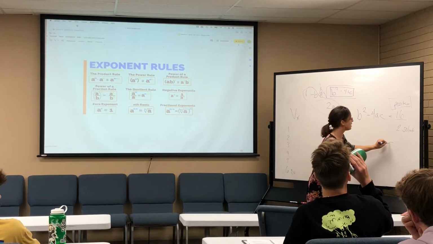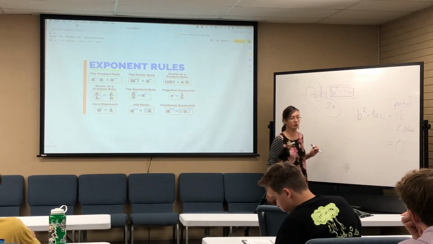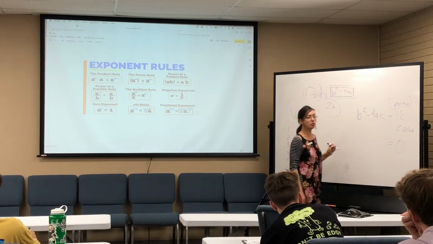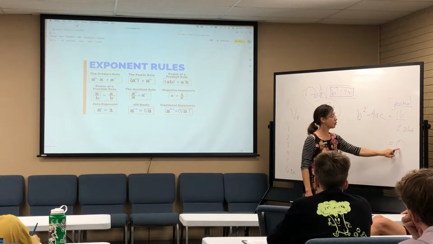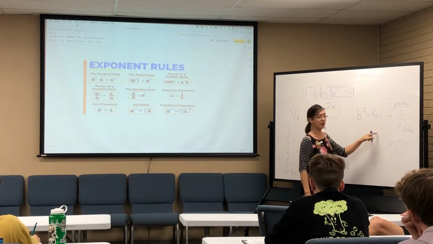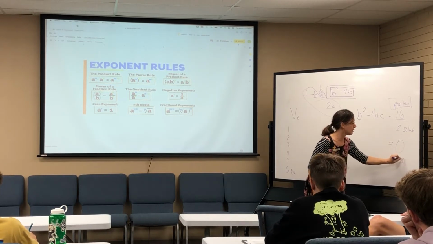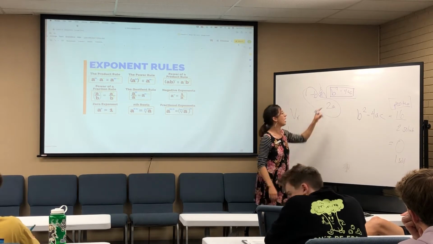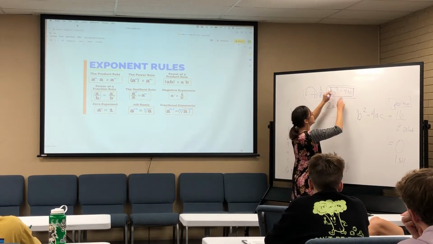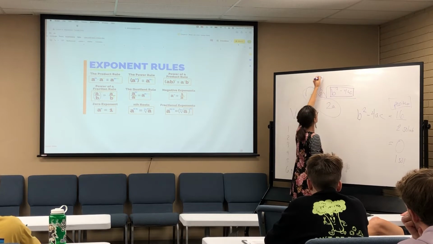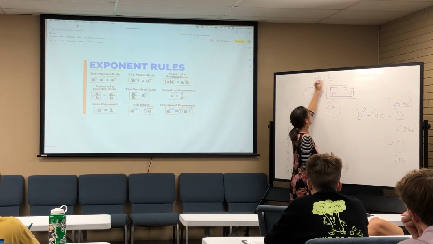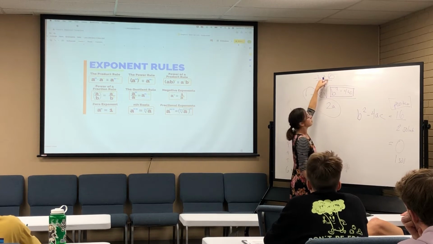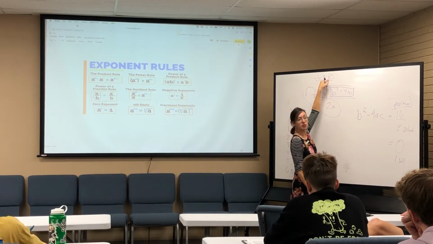If your discriminant turns out to be 0, how many solutions will you have? If the discriminant is 0, you're going to have 1. So let's think about why. If this part is 0, I now have negative b plus or minus the square root of 0 over 2a. What is the square root of 0? 0.